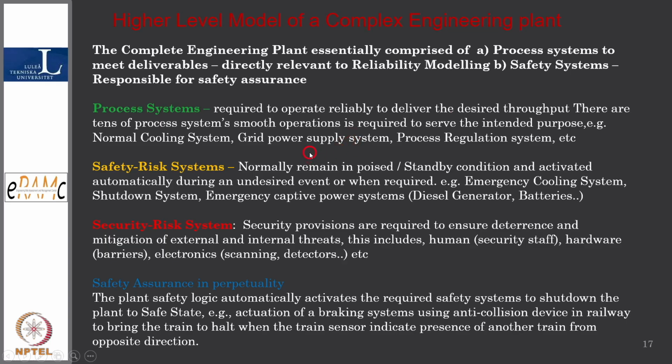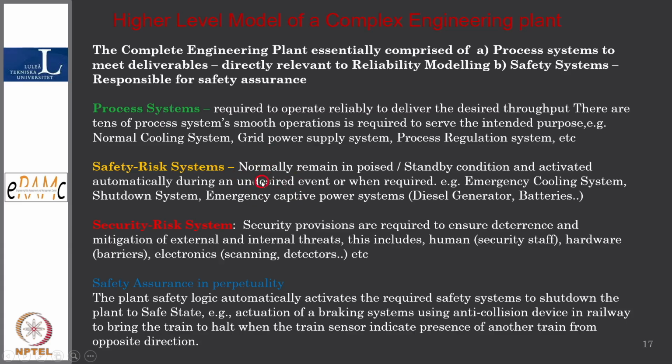But if anything is deviating from the process system, or anything is going towards the unsafe side, then what happens? The safety systems come into play, which were remaining dormant or on standby; they get activated and bring the plant to a safe state. Safe state may mean complete shutdown. Okay.